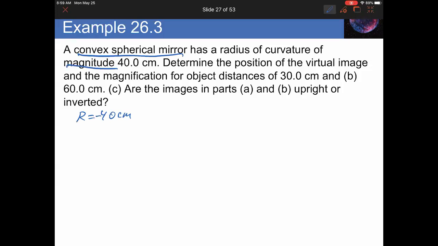So you have to be careful of that. Which means the focal length here is half of the radius, which is negative 20 centimeters. Because if R is negative, f is negative. Now we have object distance of 30 centimeters for part A. So part A, basically p equals 30 centimeters.